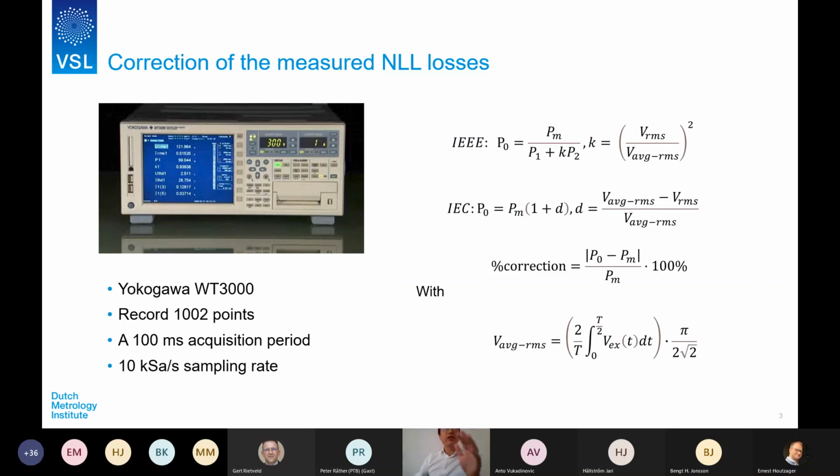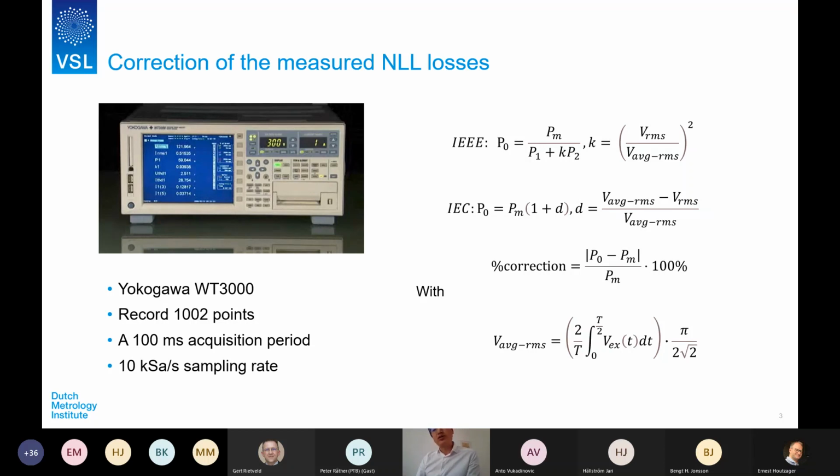We scaled down the voltage and the current to levels suitable for the measurement of the power meter. The power meter we used here is a Yokogawa WT3000, and we recorded a waveform of about 100 milliseconds with a sampling frequency of about 10k.